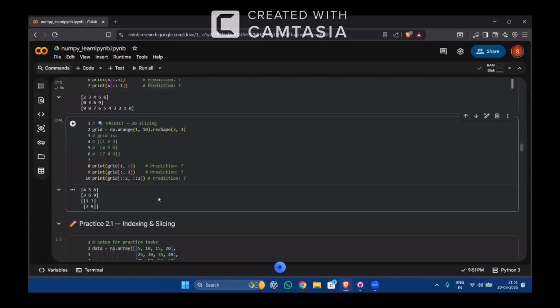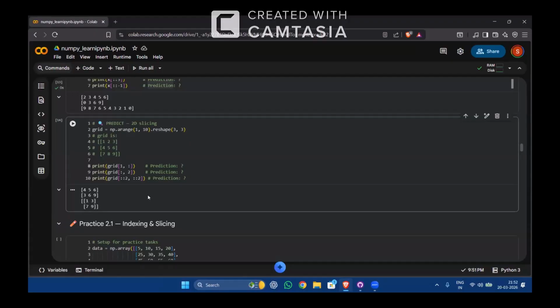Colon 2 means we take the rows from beginning to end, columns from beginning to end, and skip with 2 values. So after taking 0, it will go to the third element. So 1, 3, 7, 9. Hope this is clear, right?